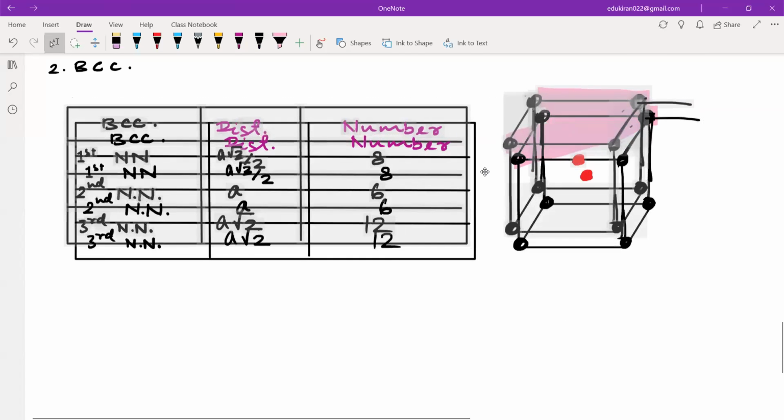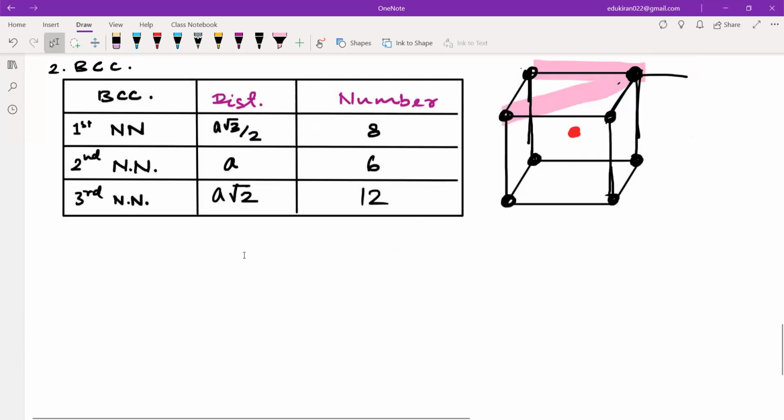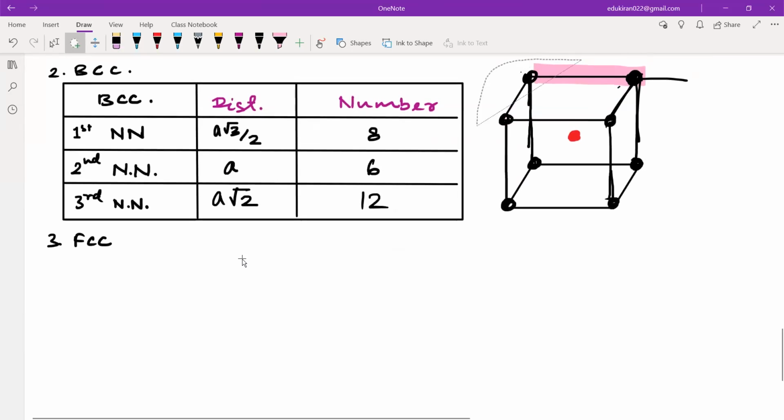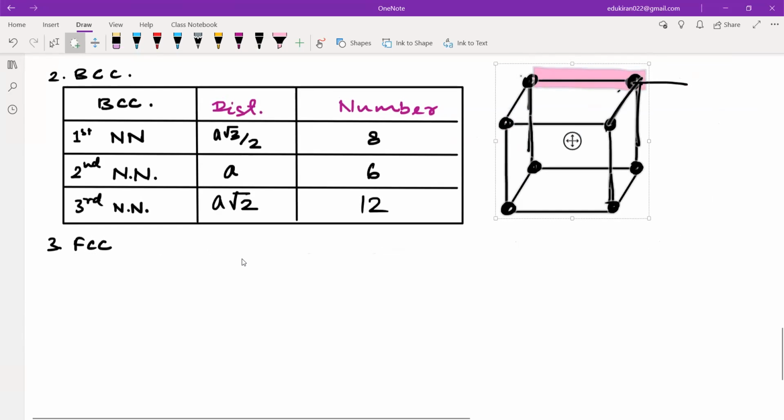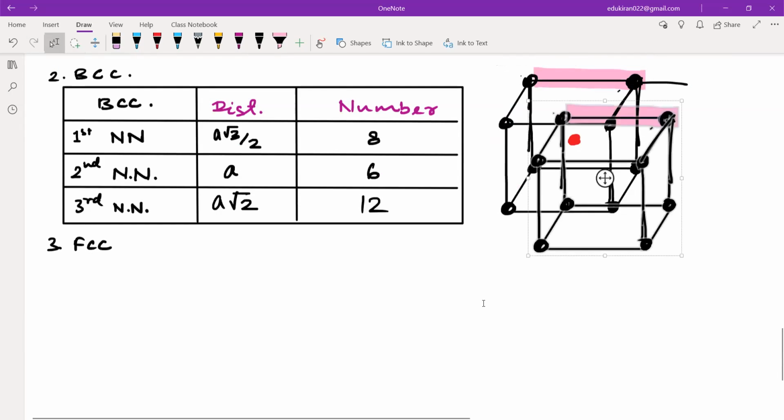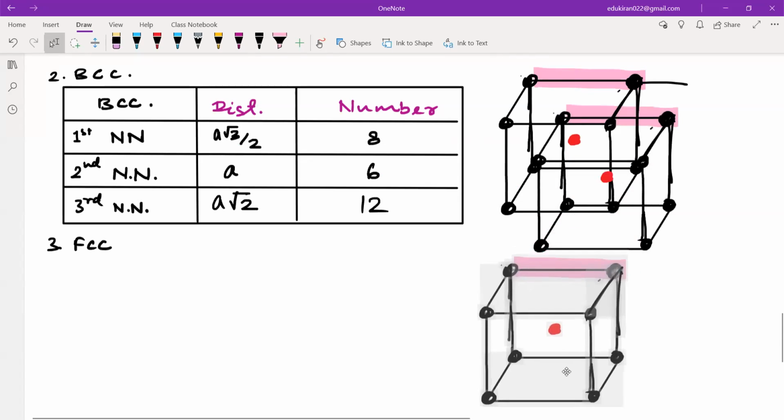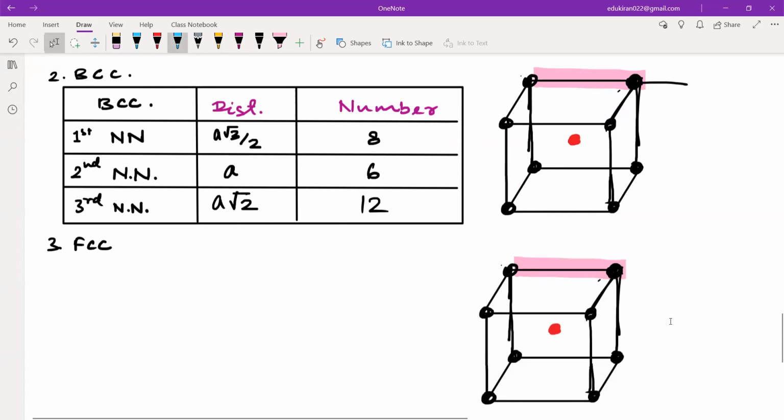Yes. Okay. Now moving on to the third thing, that is FCC. Let's take this one itself. Then we have the blue atoms I can take.